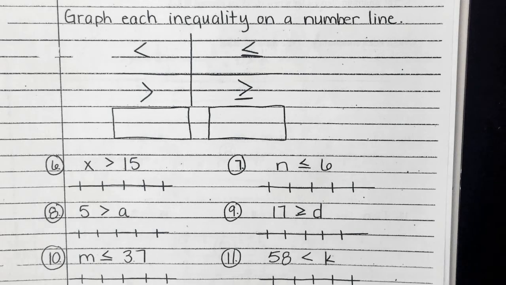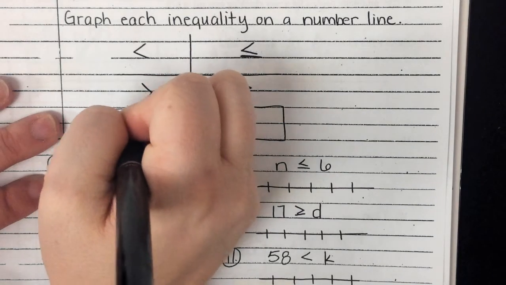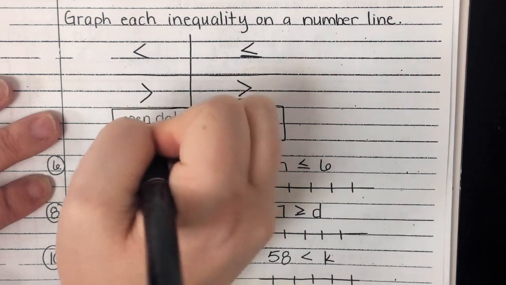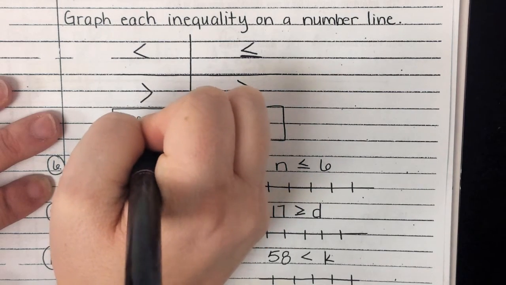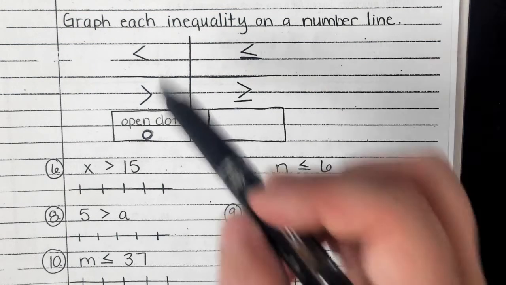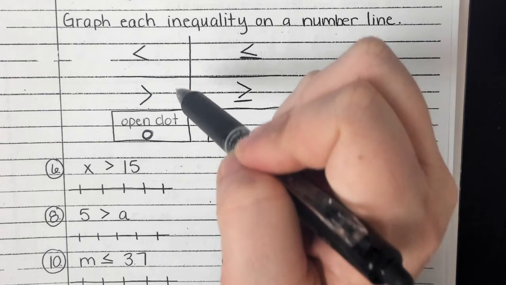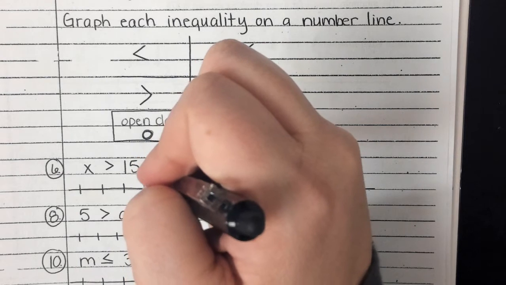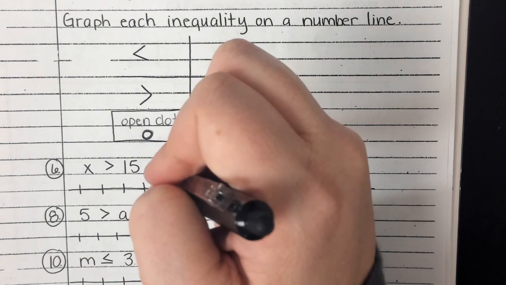We're going to put a special dot, and it's going to be open. So we're going to put an open dot on that number, and it's going to look exactly like we described, a dot that has an open center. And what that open dot means is, hey, this number is important, but it can't actually be this number. It's just important. Because 15 is important. That's where we're starting.